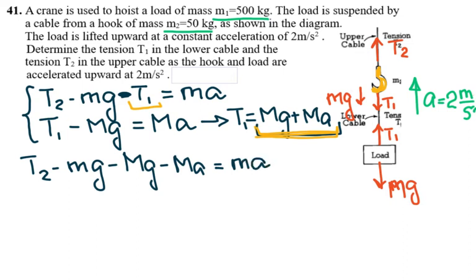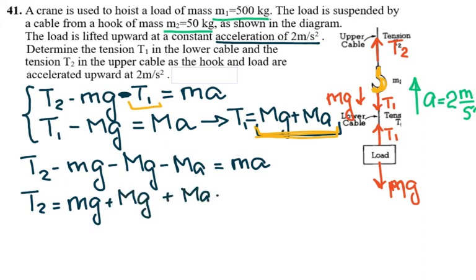And they ask you the tension, they give you the acceleration. So I know acceleration, I don't know the tension, so I have to solve for T2. So T2 is equal to, I have mg plus mg, and then I have ma plus ma.